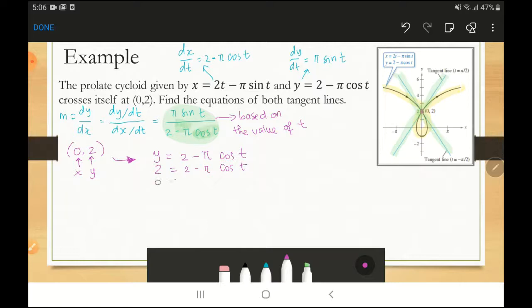So 0 equals negative pi cos t, which means cos t is 0. So what is the value of t so that the cosine is 0? We know that t will be pi over 2, or 90 degrees, or t will be negative pi over 2, which is 270 degrees.